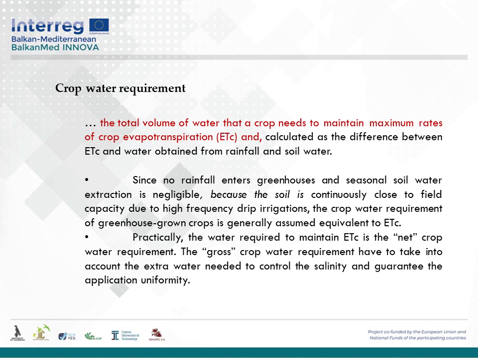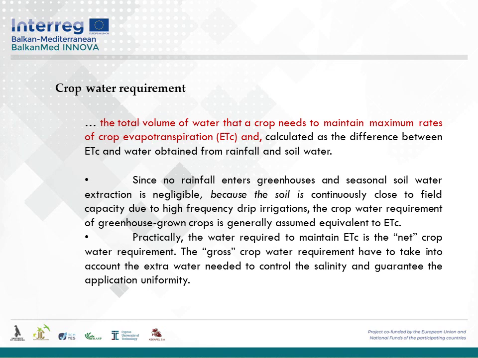In these conditions the best method to keep control on the rise of salinity is to apply overdoses of water in order to leach out the salts from the greenhouse soil.